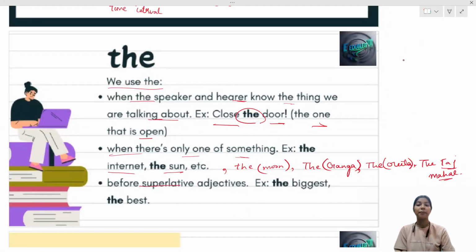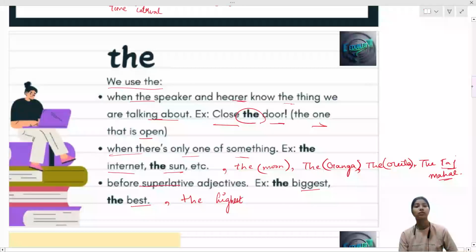Superlative adjectives like the biggest, the best, or the highest. These are the superlative forms of adjective, and before them also we use the.